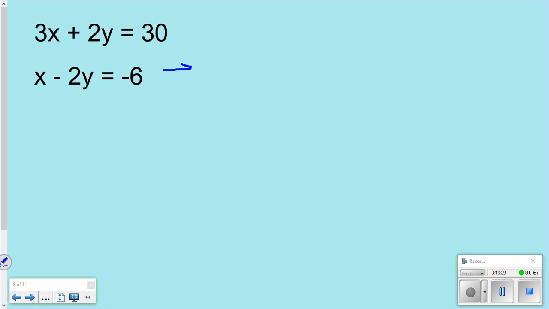That's what Kale decided. Okay, I'm going to put a 1 in front of that x to help me out. I'm going to minus 1x on both sides. So it's going to look like negative 2y equals negative 1x minus 6. I just flipped it around. Then what?